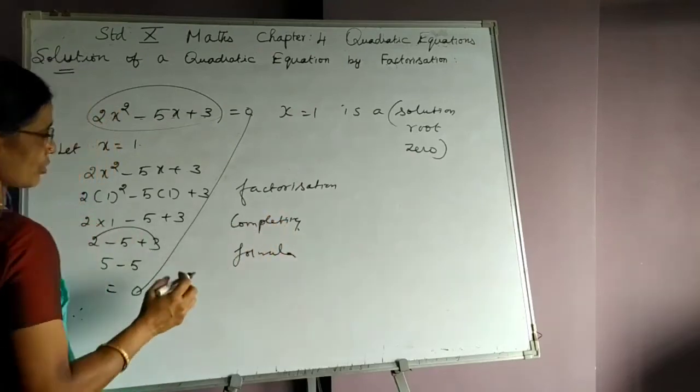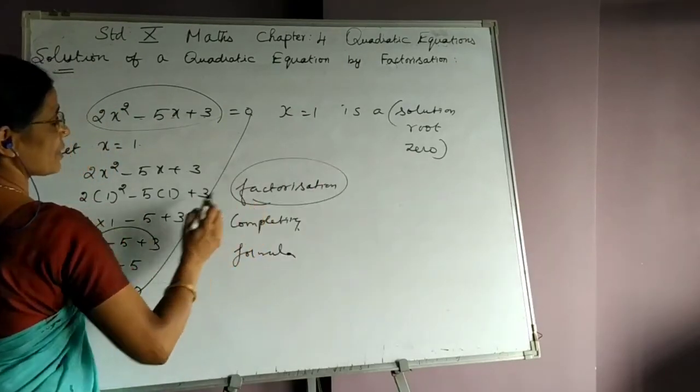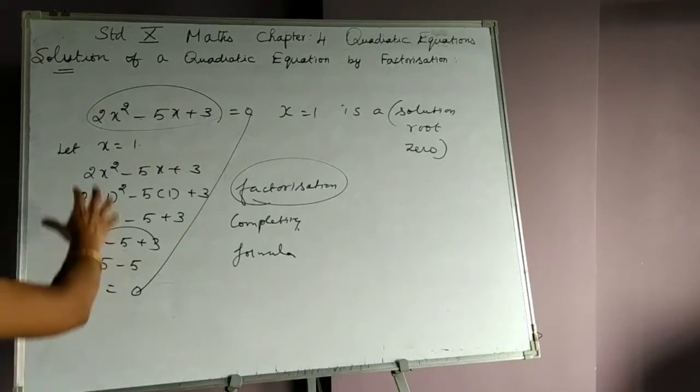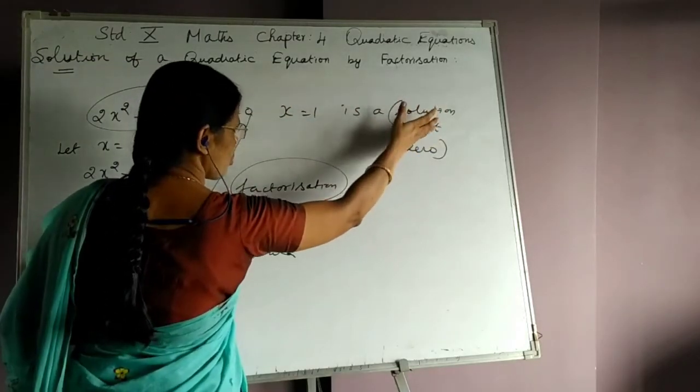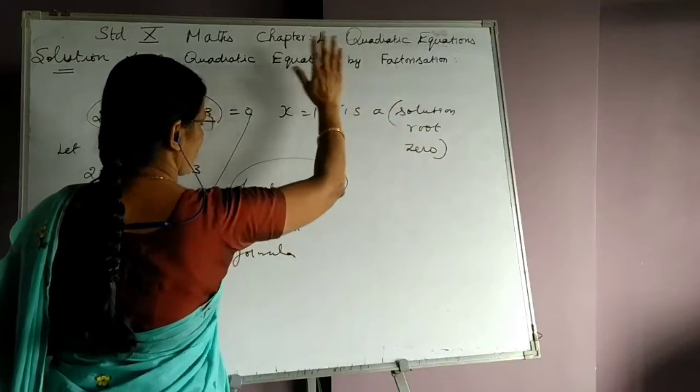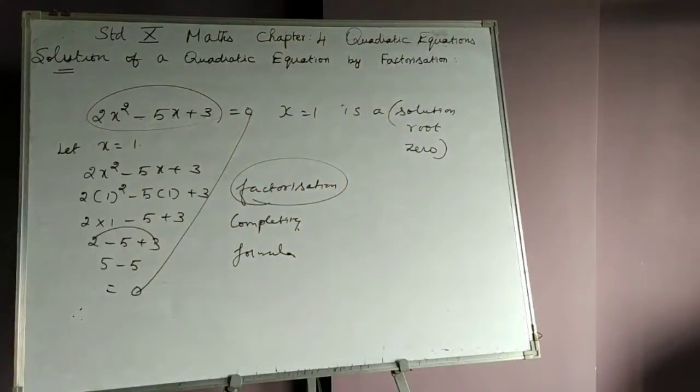Three methods we are going to learn. First, let us see the factorization method. In this exercise we are going to focus on how to find the solution. Solution means root or zero. So how to find this by the factorization method we are going to see in this unit.